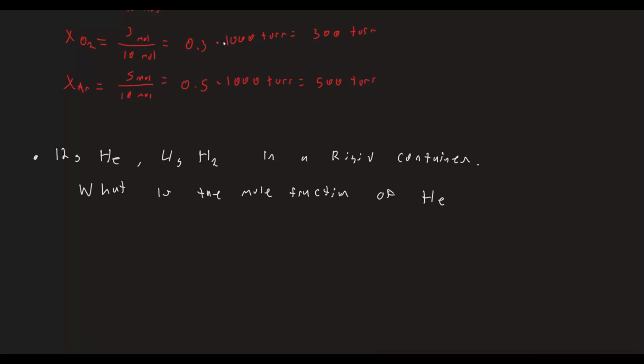So this is super simple. We first need to take these grams that we have and convert them into moles, because if we have mass in grams, we always want to go to moles. So actually, let me go to red pen. Take 12 grams of helium and 4 grams of hydrogen.